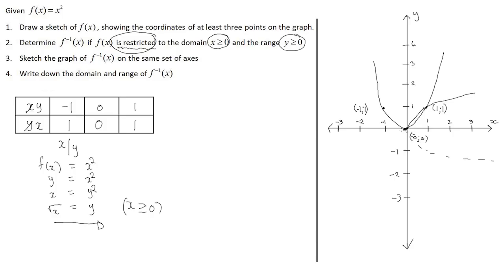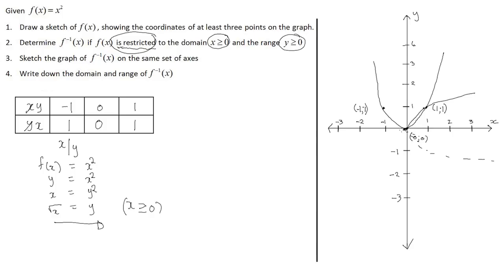Very important. We are now looking at the inverse graph, the graph of the inverse. So if we look at, first of all, when we speak about the domain, we talk about all the x values. And when we speak about the range, it's all the y values.